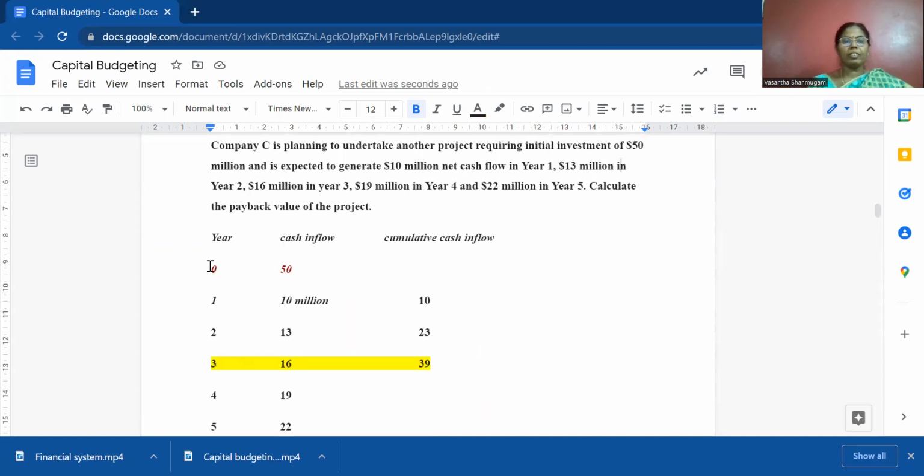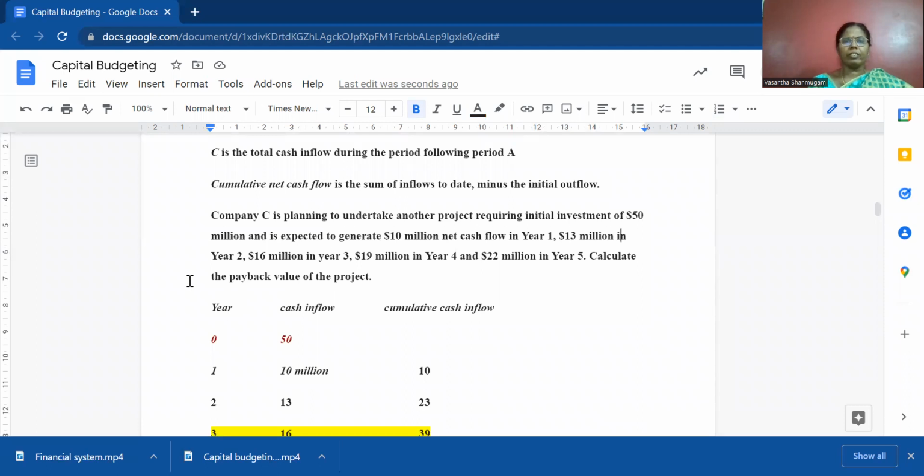Here I am writing three columns: year, cash inflow, cumulative cash flow. The 0th year is 50 million, the investment made, and the 0th year inflow is 0 because in the initial period they have invested.